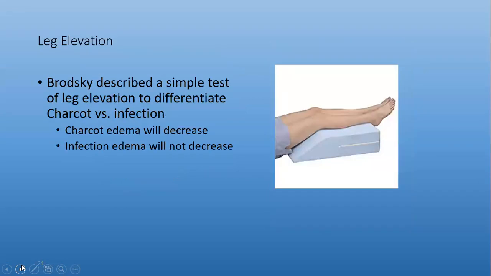Brodsky had a nice little study, I think in the late 90s, where he described a simple test to differentiate whether it's Charcot versus infection. With Charcot, the edema usually decreases with elevation, versus infection, where the edema does not decrease. So just kind of a little tip there.